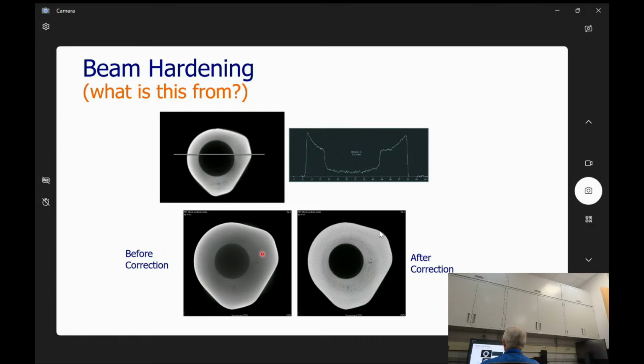We can do some corrections for that in software called beam hardening corrections, in which case, after correction, we can have a much more uniform grayscale from the aluminum itself, and we can see our porosity much more clearly. So in almost all of our industrial CT scans, we are going to apply some sort of beam hardening correction. I don't care what material you're working with.